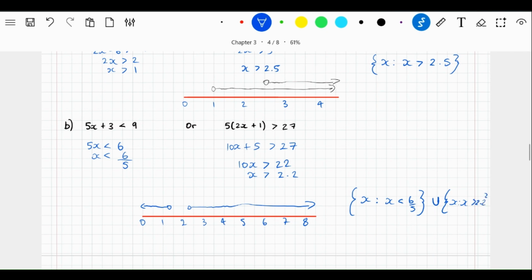Just running out of room, but we're just going to do that there. So basically that there is our answer. We get two different sections there because there's no overlap in them. So it's going to be that x is less than 6/5, but also x is greater than 2.2. And that's that question solved.